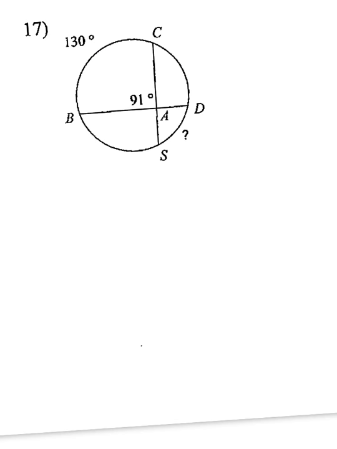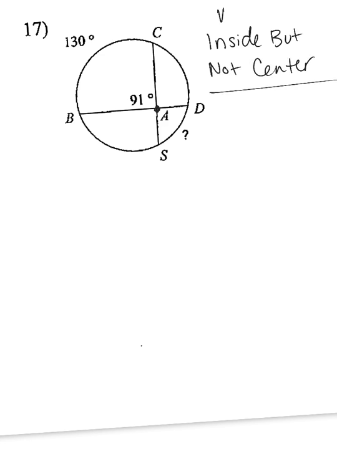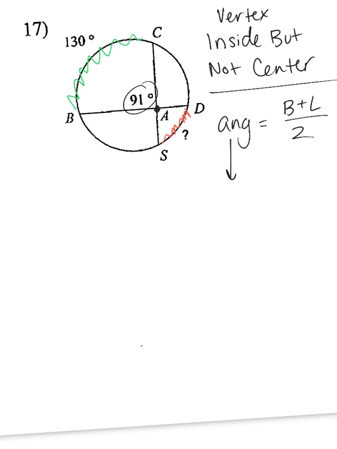For number 17, I have the vertex here inside, but not on center. So that means that the angle equals the big plus the little arc divided by 2. So it looks like I have the angle, I don't have the little arc, but I do have the big one. So my angle is 91.